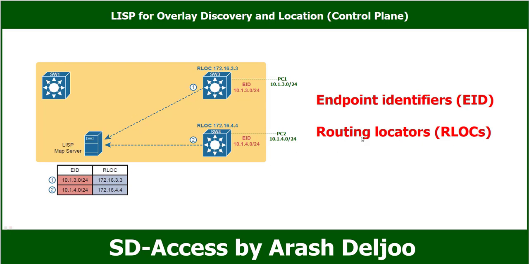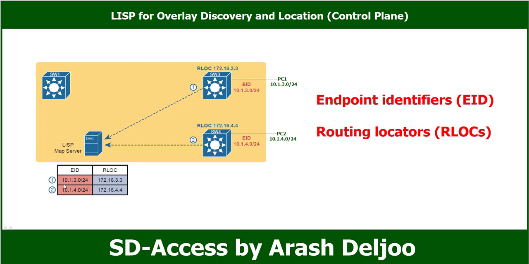And here we also have other information. This is the routing locator related to switch 3. It is like a router ID, but it is not a router ID. Here we have the routing locator 172.16.3.3.